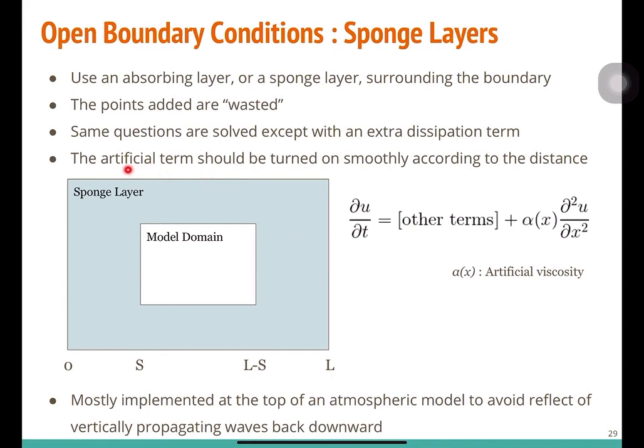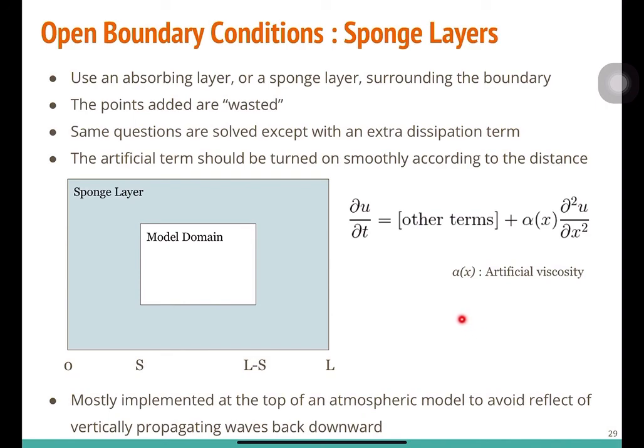Okay, so the artificial term should be turned on smoothly, so we should not turn it on 100% in here. We should turn it on like, for example, 10%, 20% like this, and then full scale at this boundary. Then we can ensure that nothing is coming back to the model domain.